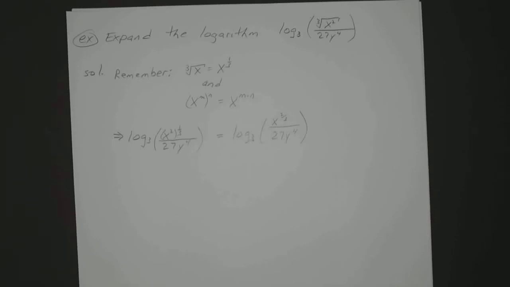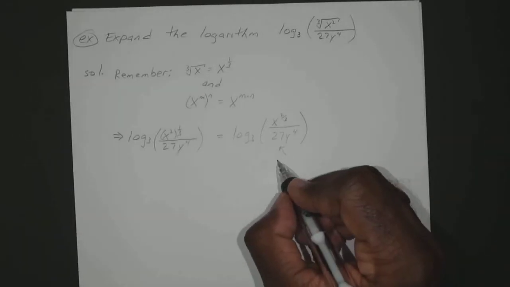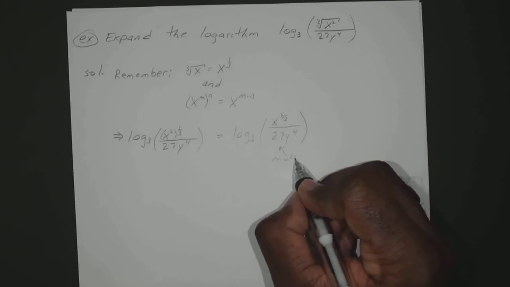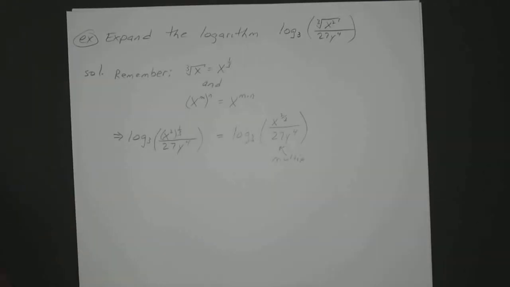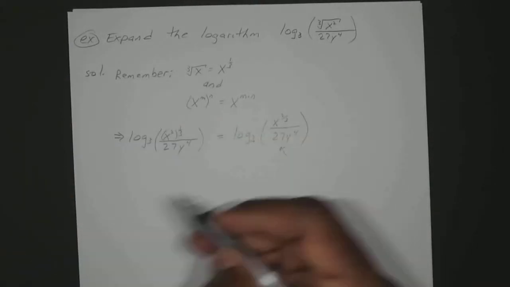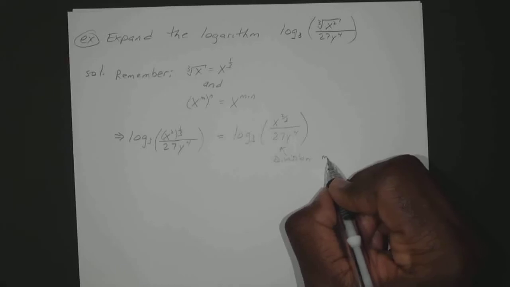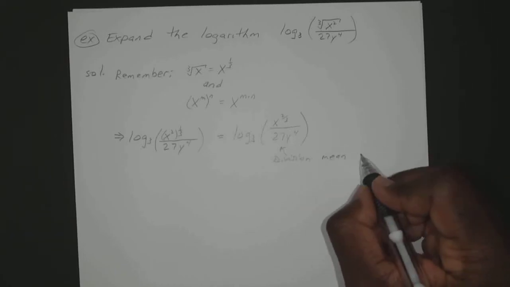Okay, so once we have all of our root symbols gone, now we can worry about whether it's dividing or multiplying. Since we're dividing, I'm thinking ahead to the next step. Division means the quotient rule.